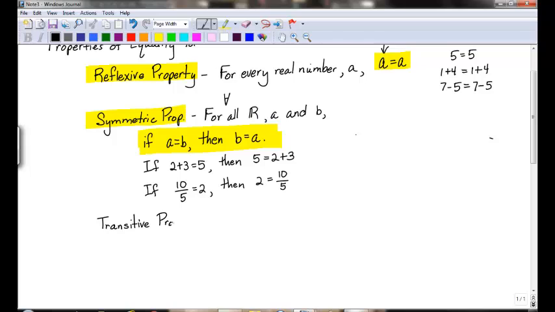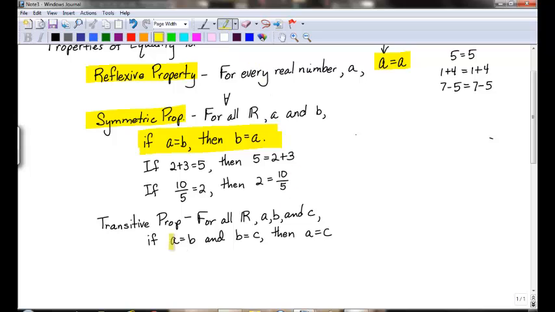And the transitive property says for all real numbers A, B, and C, if A equals B and B equals C, then A equals C. Transitive property will always have 3 equal signs. And it's still in an if-then statement.